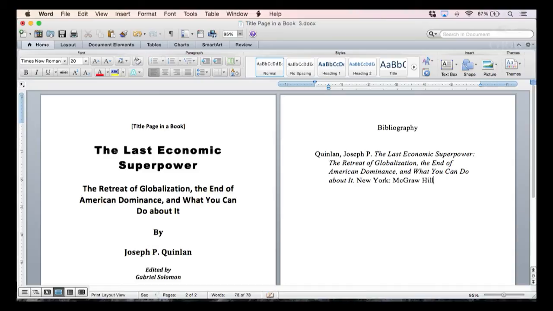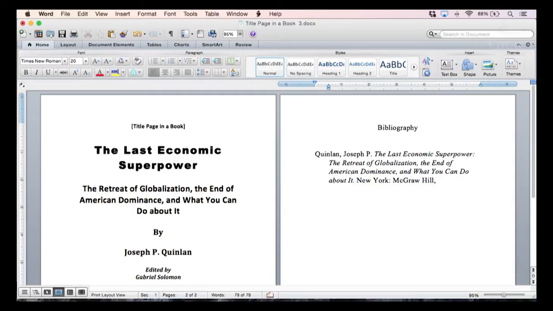McGraw-Hill. And I'd like you to know that you do not have to use the word publisher or publication company. You do not have to use the word company, and you do not have to use the abbreviation Inc. All of those are understood to be just part of a publisher's name, but what you do need to use is the publisher's name itself. So if it just says Thomas Nelson in that spot, Thomas Nelson is the publisher.